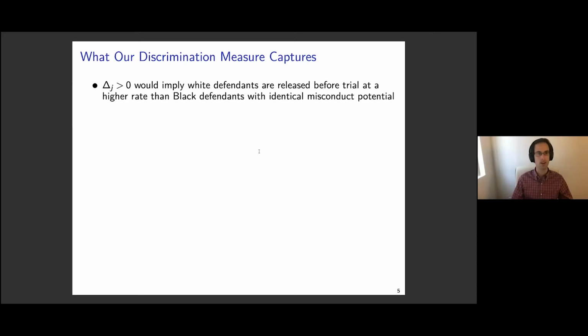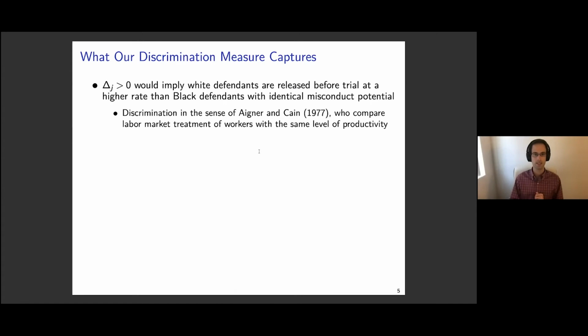I want to go through again what our measure of discrimination captures relative to prior literature on discrimination. First, again, a positive delta J is going to imply white defendants are released before trial at a higher rate than black defendants with the exact same misconduct potential. What channels will drive this?